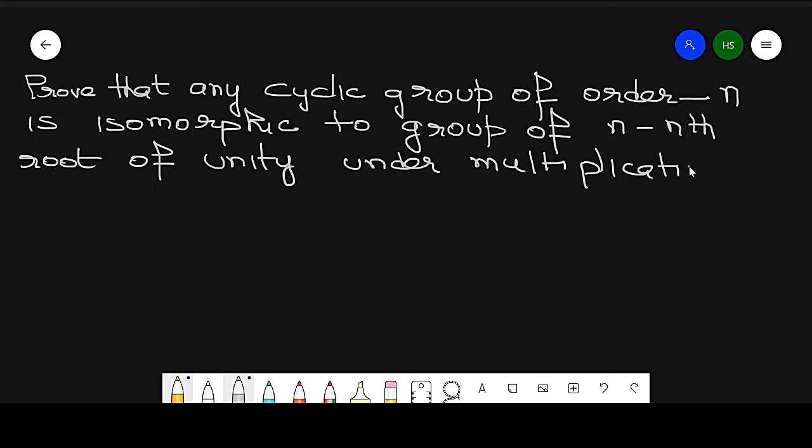So prove it, these are isomorphic. So how will we prove it?